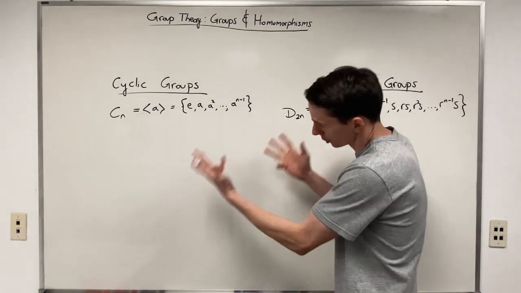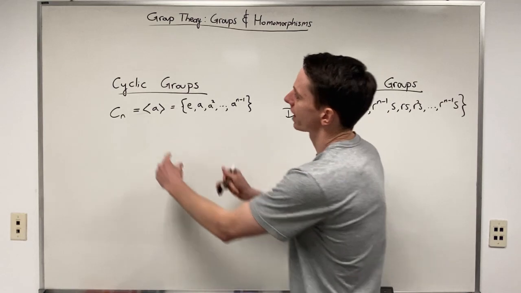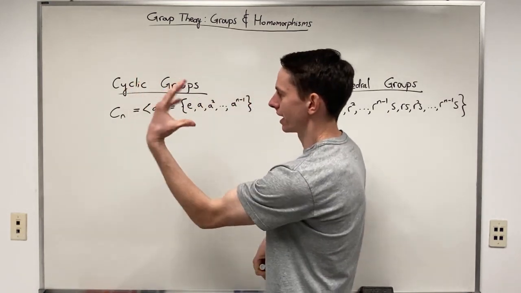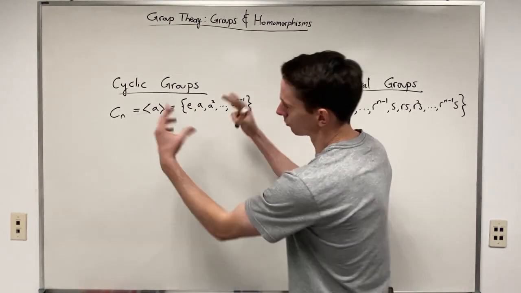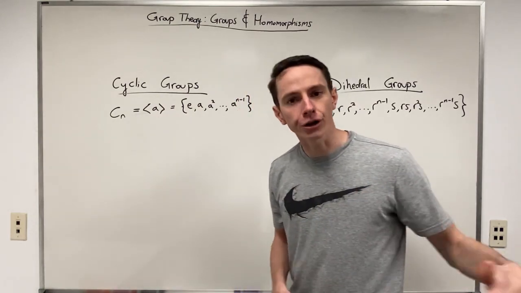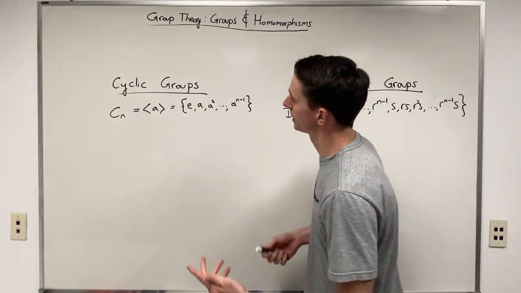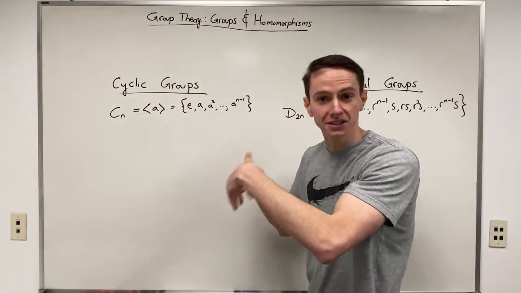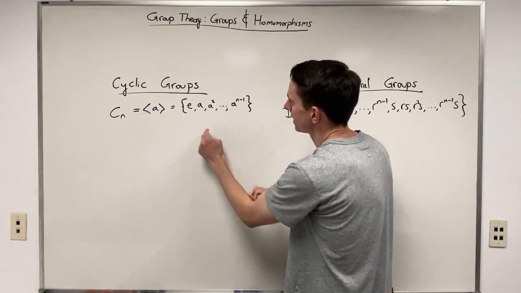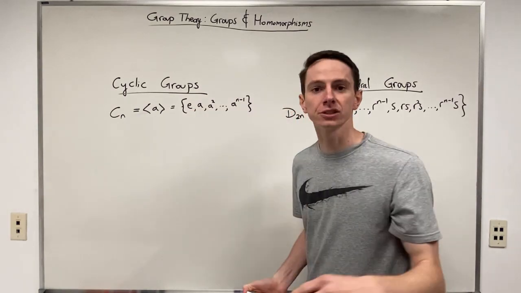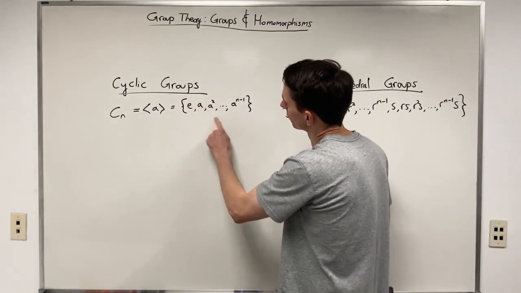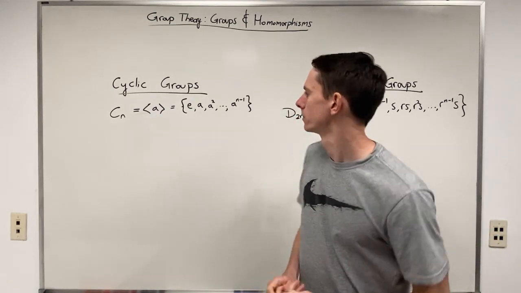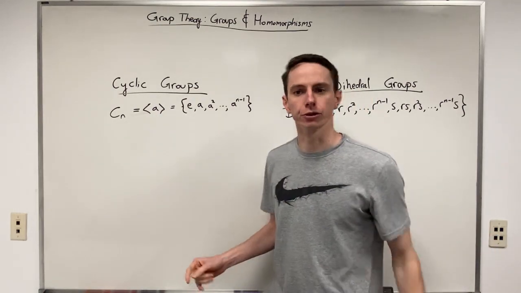Another way of describing a cyclic group is with a set of angle brackets, and what's in between those is the generator of the group. In the case where it is A, another way of writing this cyclic group is just a set that has n different elements, where each of the various elements are simply going to be powers of A. Okay, and so that's what a cyclic group was, right?